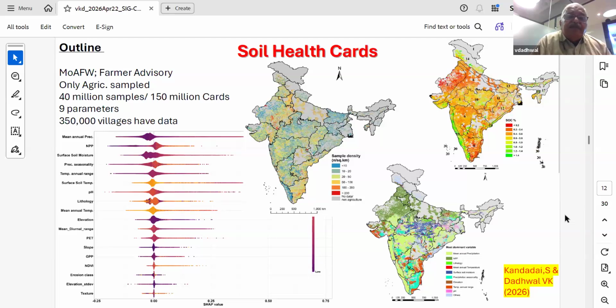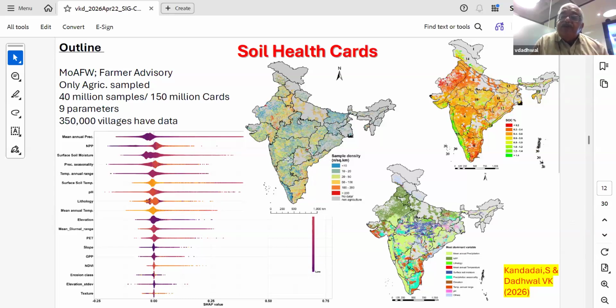Then for the entire country, you can see in this graphic the number of soil samples per kilometer. Somewhere there are gaps, but somewhere there is almost 1 in every hectare, or more than 200, up to those red points.